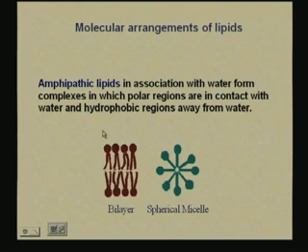So, it is this polar part that is going to be, say, outside the cell, and this polar part that is going to be inside the cell. So, we have a bilayer that has polar head groups in either direction. The amphipathic lipids in association with water will form complexes in which the polar regions are in contact with water and the hydrophobic regions are away from the water.